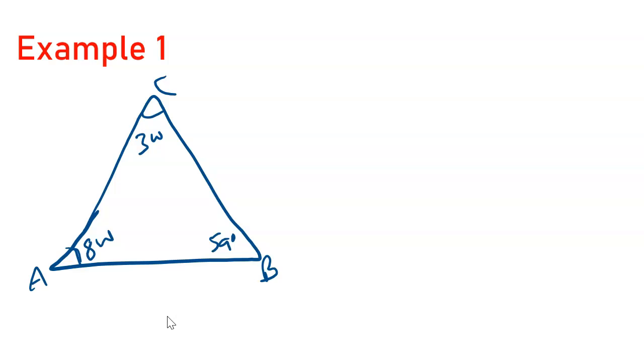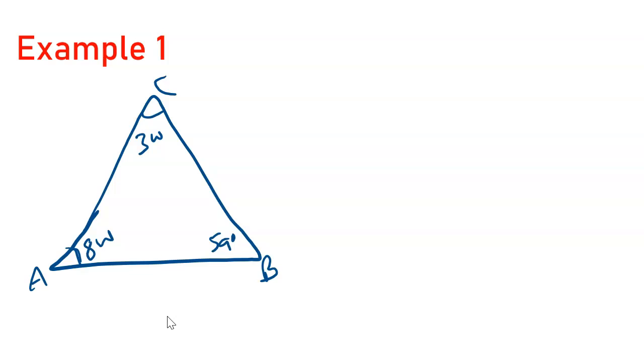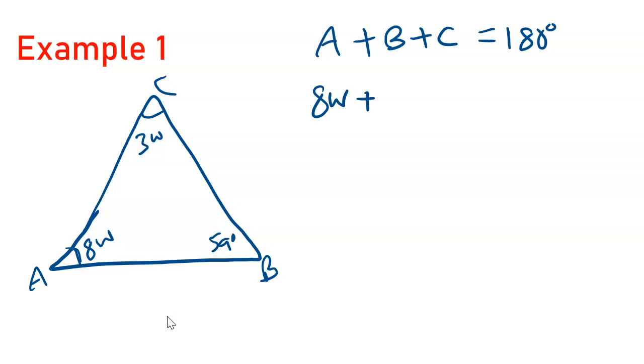Based on the angle sum theorem, all the angles A plus B plus C must add up to 180 degrees. I've covered this in another video also. So what that means is 8W plus 3W plus 59 is equal to 180 degrees.